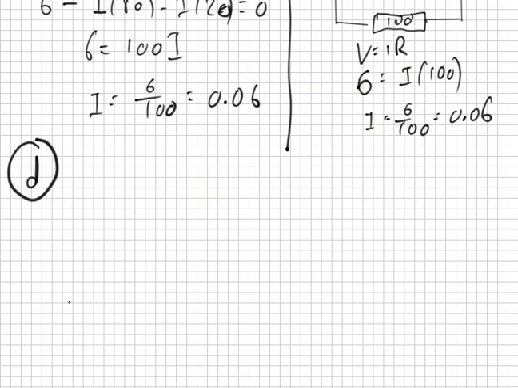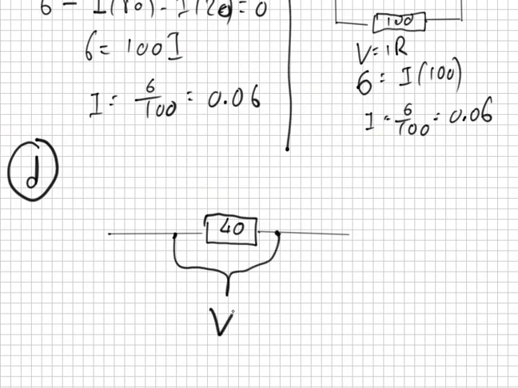Now, it's kind of nice that he got us to calculate the I, because here's the 40. Now, you do not know what the V between this resistor is, but the I is the same.